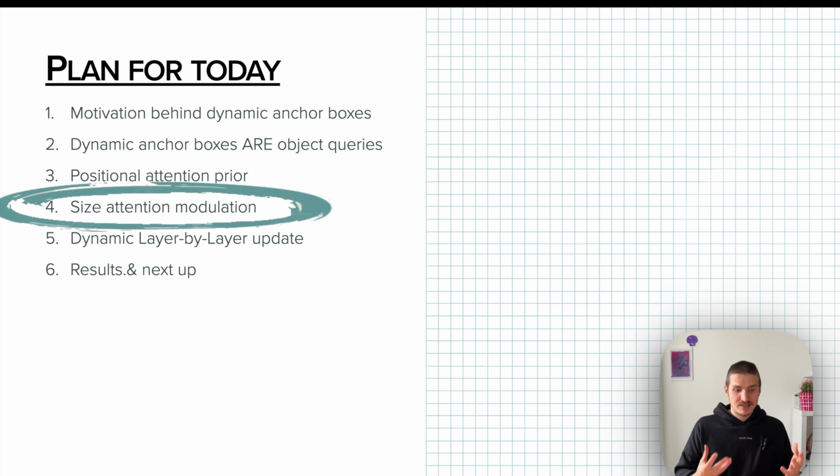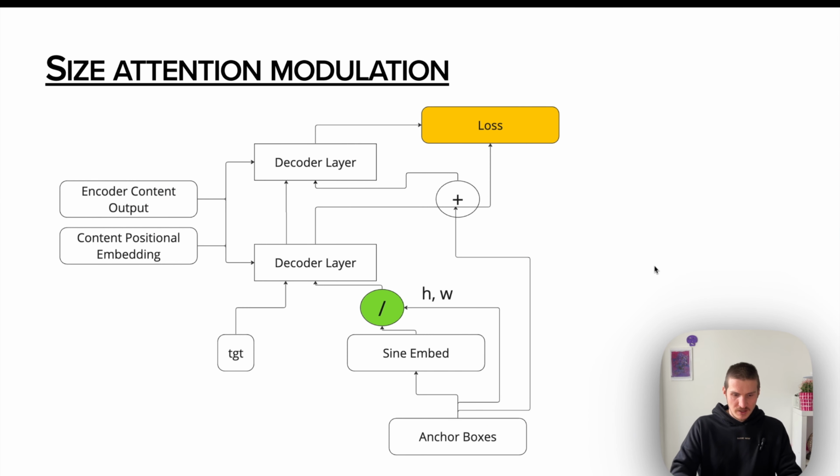Now let's talk about the size attention modulation. So how we encode the height and width and make sure we are able to focus on objects of different scale and shape. The only new thing on the diagram is this division operator. So in the original anchor boxes, we had height and width as well as x and y coordinates.